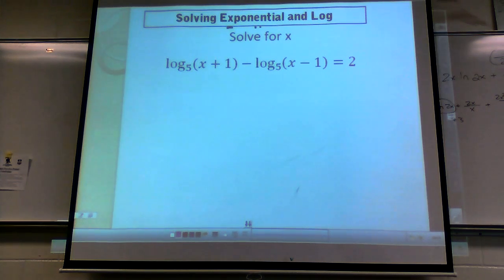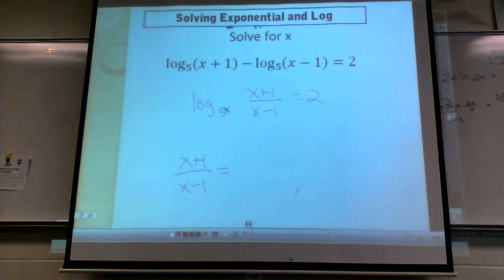If I was doing this, I would look for the logs being the same base, which they are, and I'd recognize that they're being subtracted. So I can condense this to log base 5 of (x plus 1) over (x minus 1), which is 2. Then for me to actually solve for x, I need (x plus 1) over (x minus 1) to equal a number.